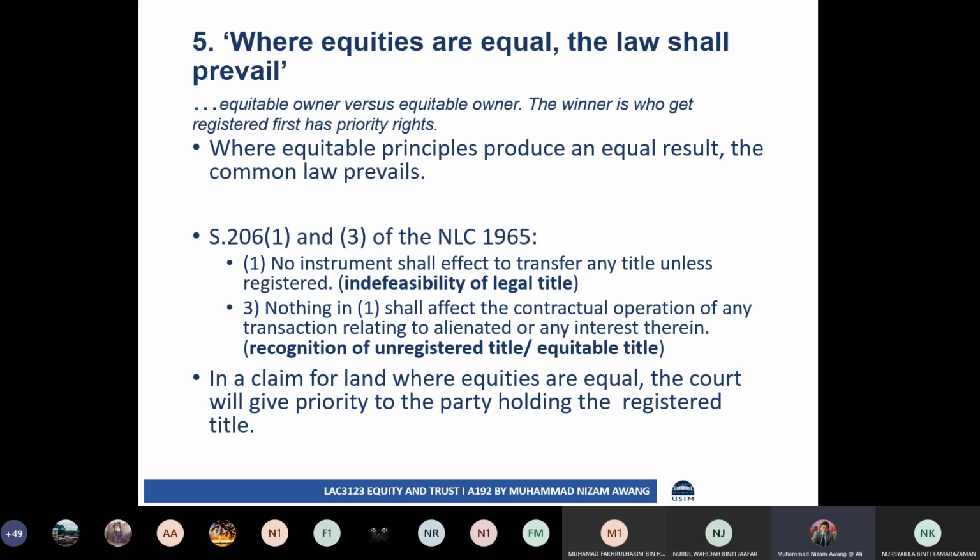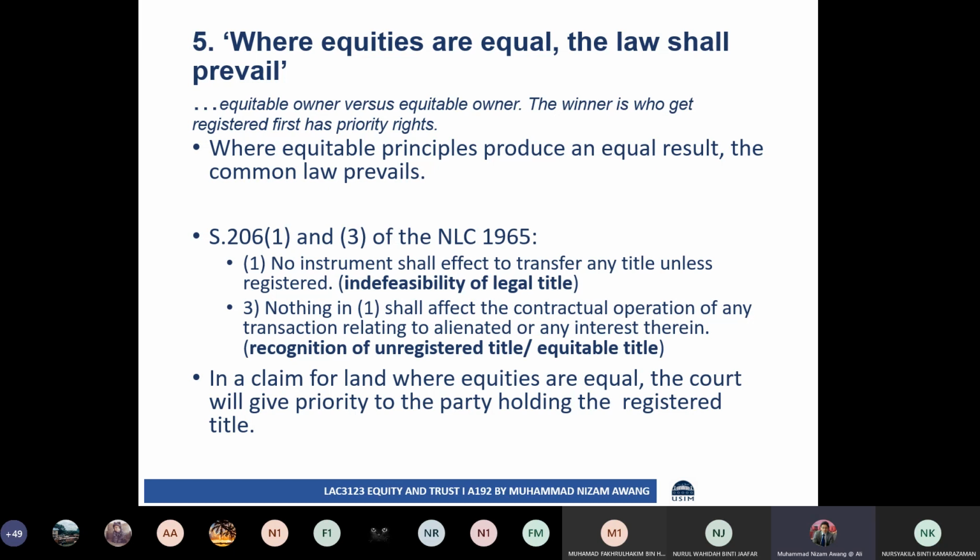For instance, they have an oral agreement with the landowner, and maybe they have paid some amount of the land price, or they could have paid the full price of the land.